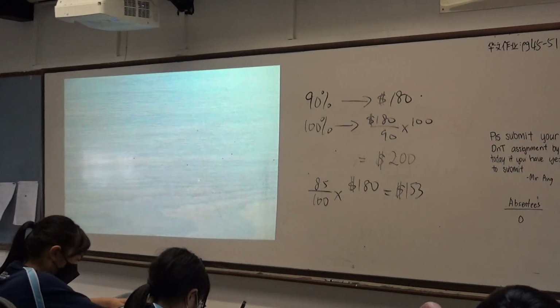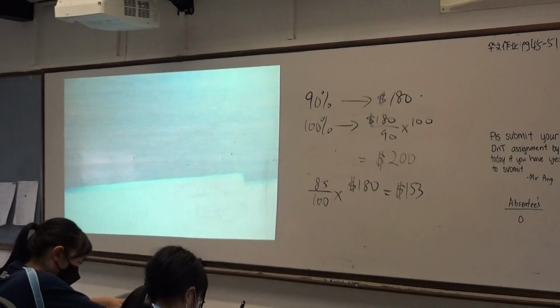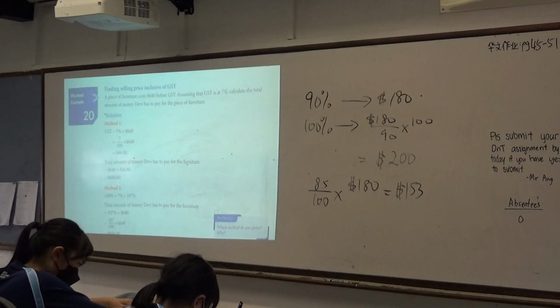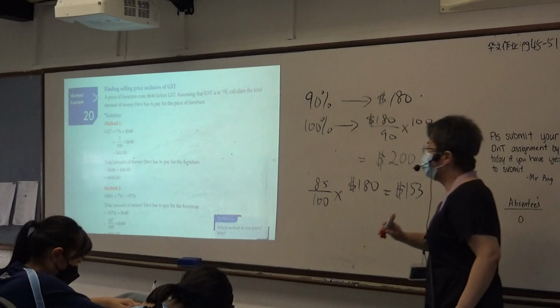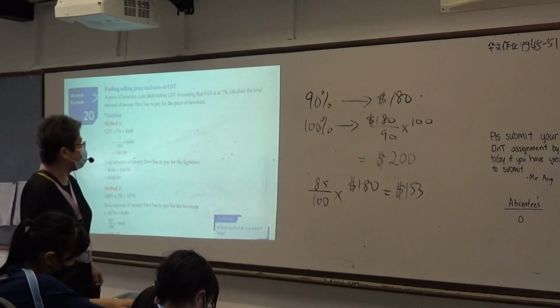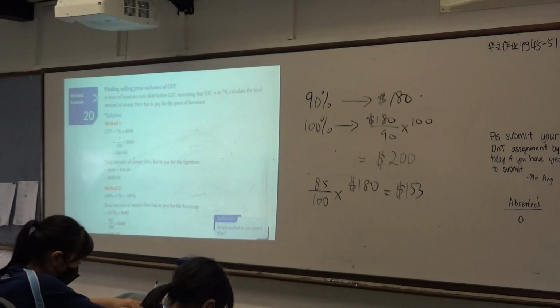Okay, next one I'm going on will be goods and services tax. Now, because this textbook was written some years ago, the GST is still at 7%. Now I don't know, the GST is at how many percent? 8% again. Okay? Alright, let's take a look here. A piece of furniture costs $640 before GST.